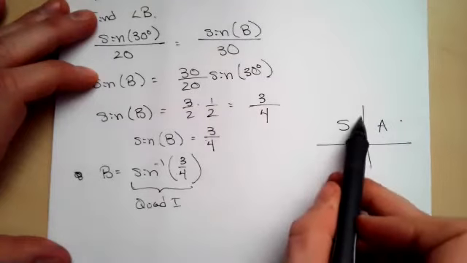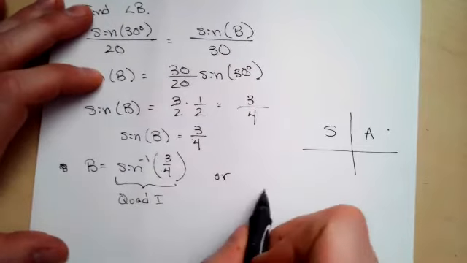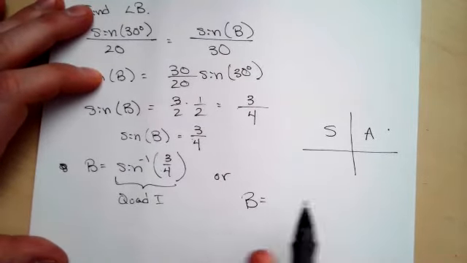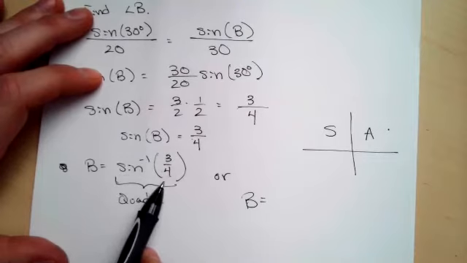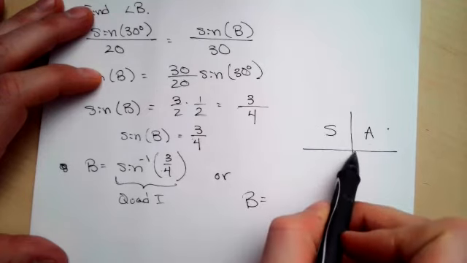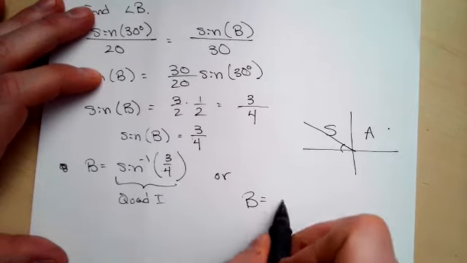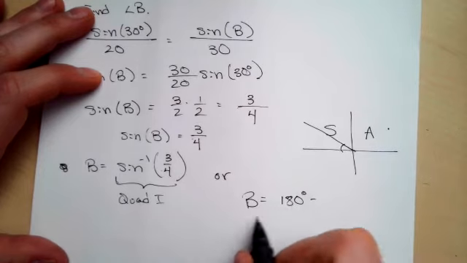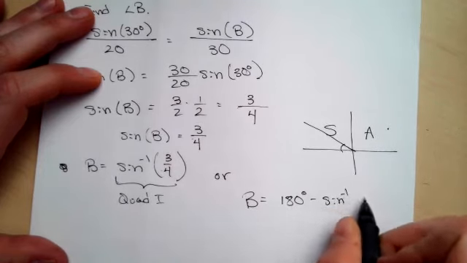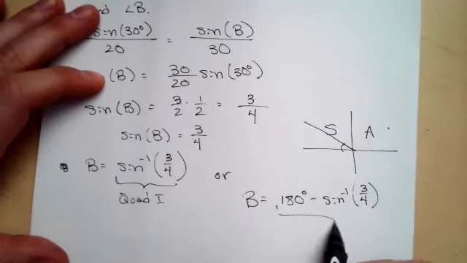We also need to find the quadrant 2 value. So how do we find the value in quadrant 2? Well, since this one is in quadrant 1, this necessarily gives us the reference angle. So if I need an angle in quadrant 2 with that same reference angle, we do 180 minus that, and this will be in quadrant 2.